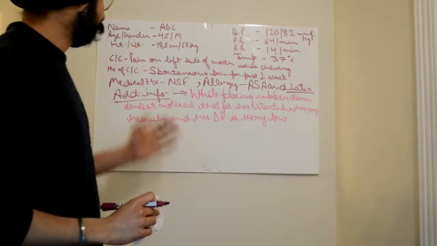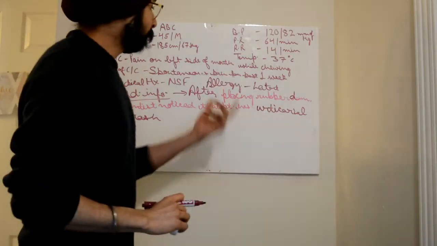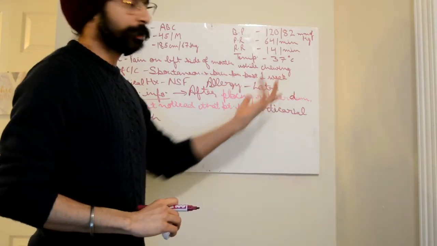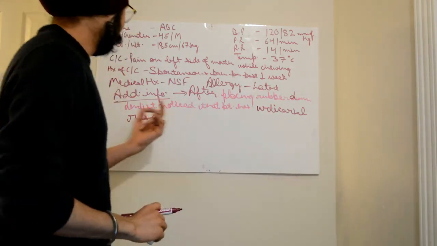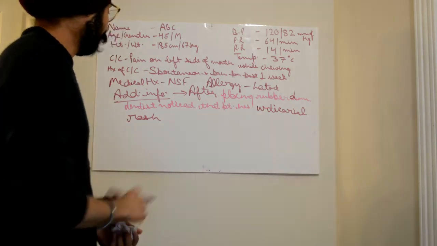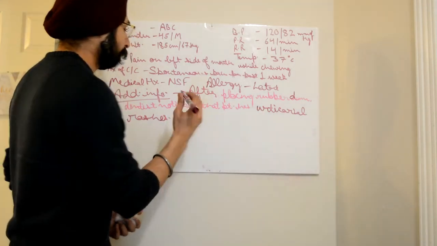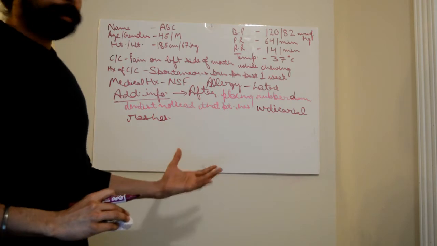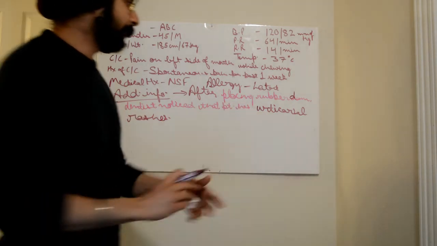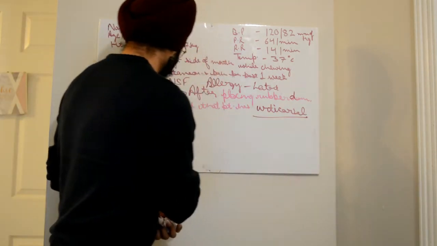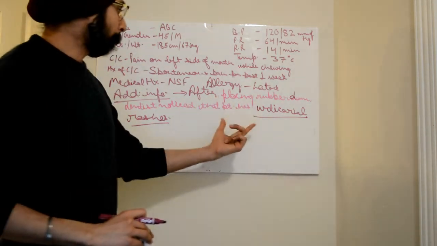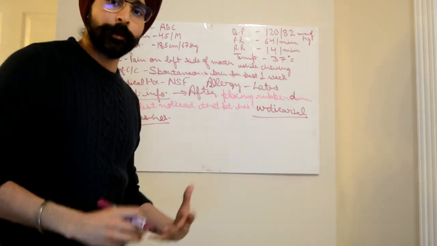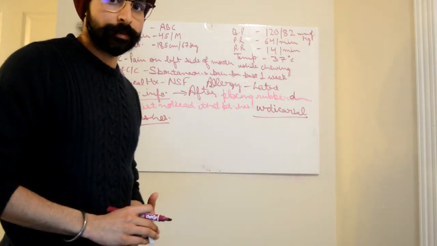For example, guys, let's say the patient was having allergy to latex. Additional information: after placing rubber dam, the dentist noticed that the patient is having urticarial rashes. In this case, although urticarial rashes are also a sign and symptom of allergy, the patient does not have any kind of respiratory or cardiovascular symptoms.